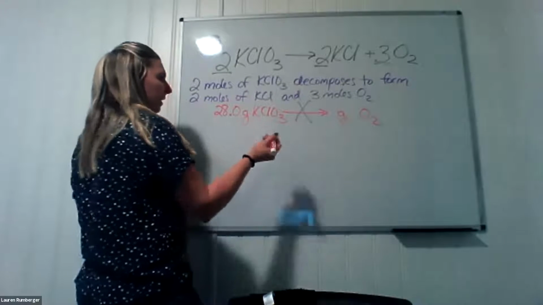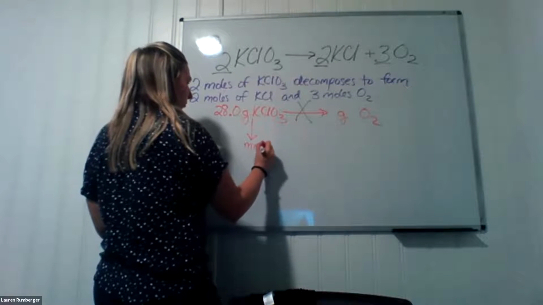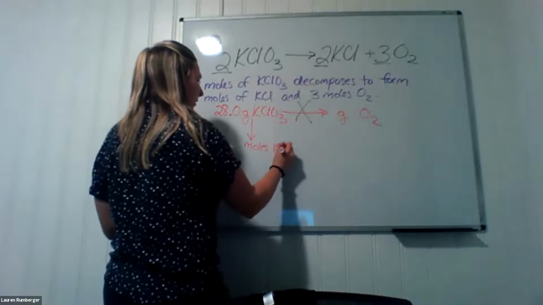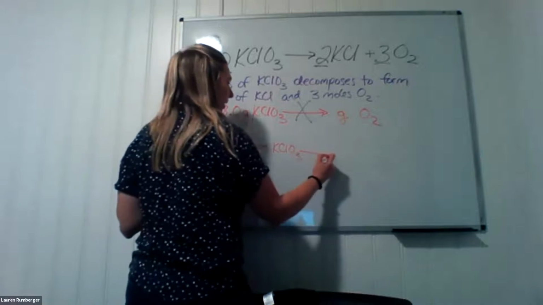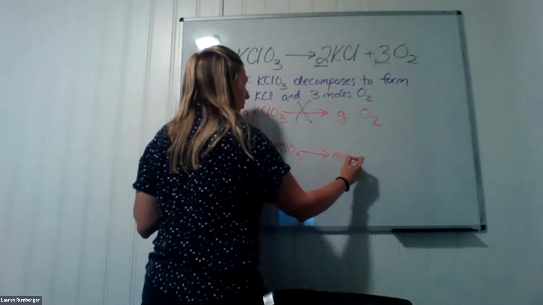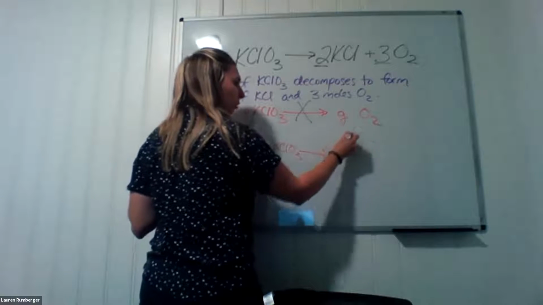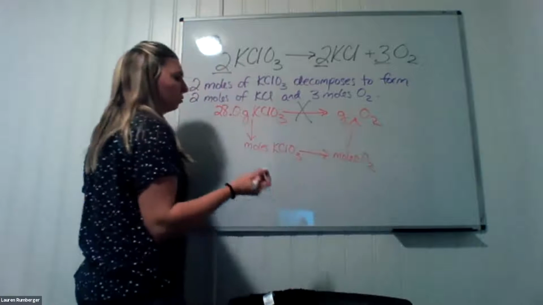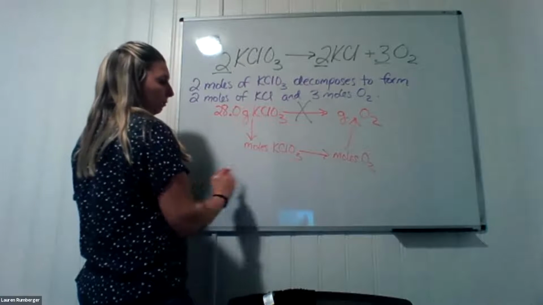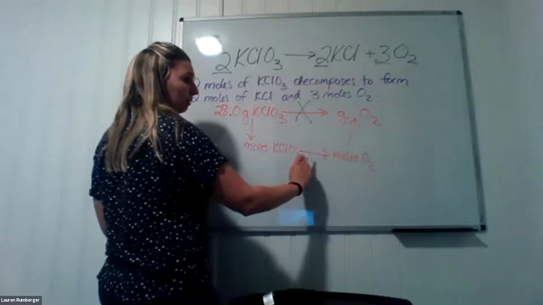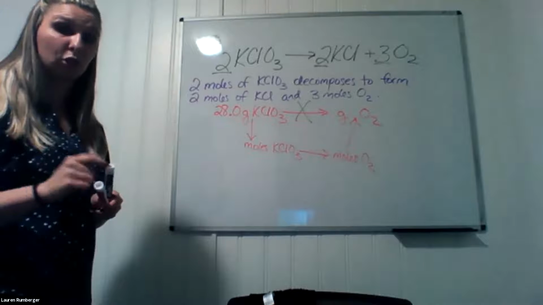The multiple steps are going from grams to moles of KClO3. Then from moles of KClO3, we're going to go to moles of O2. Then from moles of O2, we're going to go to grams of O2. Our first step is using the molar mass. Second step is using the mole ratio. Third step is using the molar mass of oxygen.